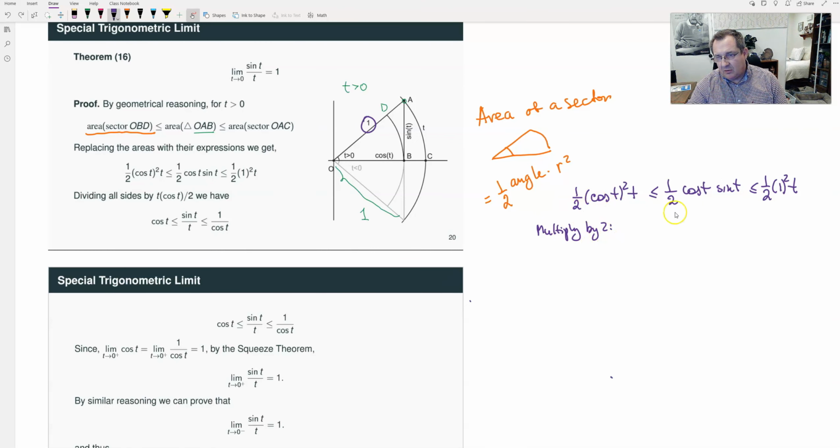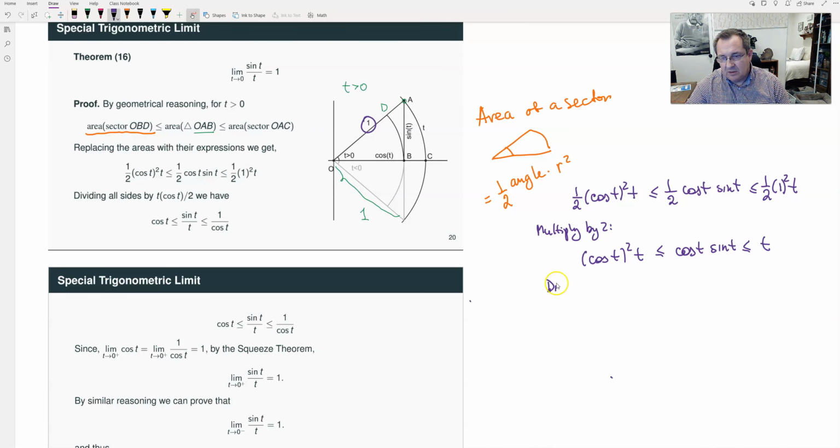When we multiply all three sides by 2, we will have cosine t squared times t less than or equal to cosine t sine t less than or equal to t. The 1 squared is 1, so we don't see it, and 1/2 has been multiplied by 2.